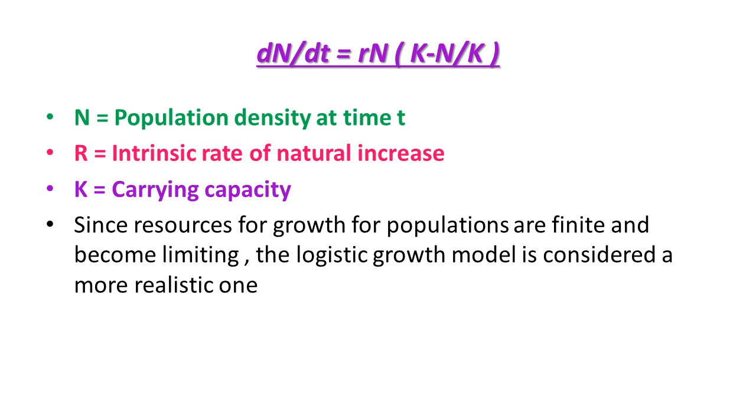A population growing in a habitat with limited resources initially shows a lag phase, followed by phases of acceleration and deceleration, and finally an asymptote when the population density reaches the carrying capacity, that is capital K. A plot of capital N in relation to time, small t, results in a sigmoid curve. This type of population growth is called logistic growth.